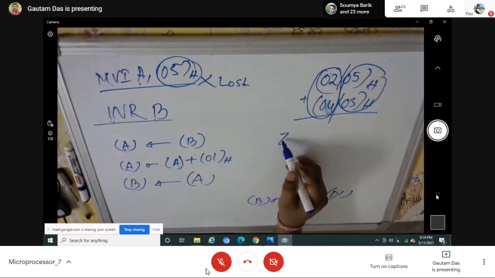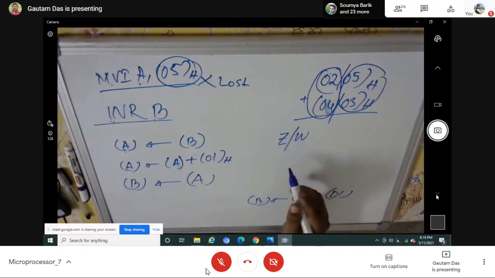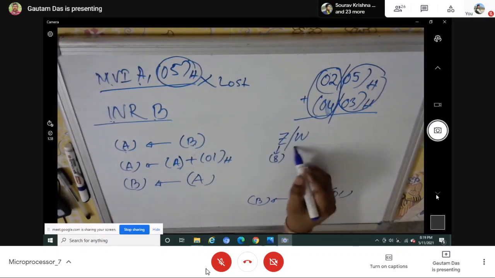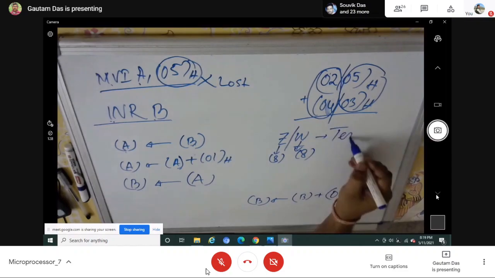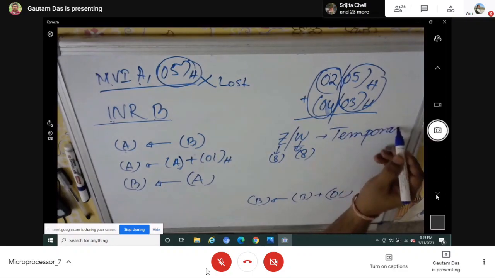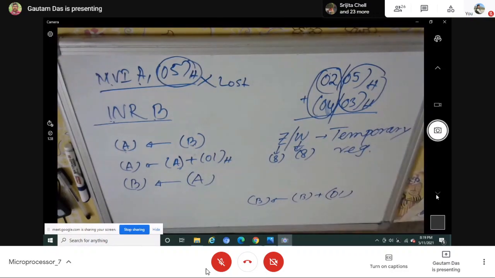They are labeled Z and W, and remember, both are 8-bit registers. Two registers are available which I have not shown there. These two registers in 8085 are called temporary registers.